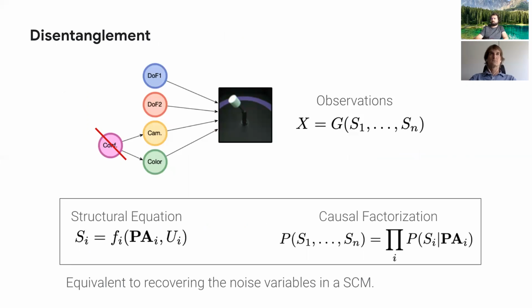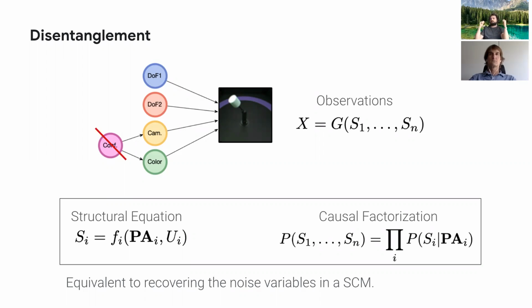Another way to look at this, and this is how my advisor at MPI, Bernhard Schölkopf, thinks about all this, is that you have a structural equation model in causality. I'm not sure if you're familiar with this. Basically you have a graph with parent-child relations, and then you model these relations with a functional assignment, and this is a structural equation.